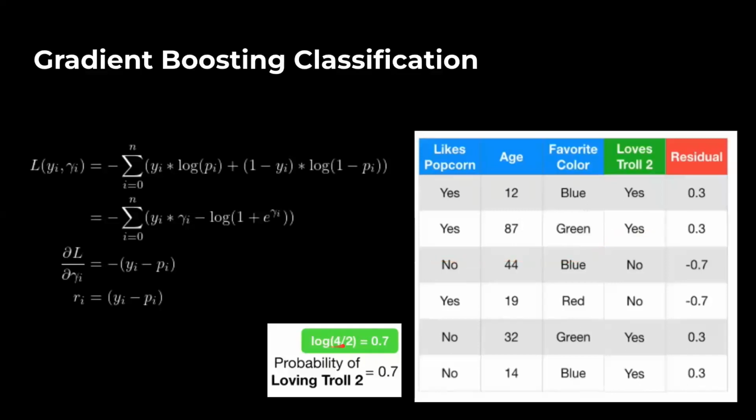So you can see here, I'm computing the log odds of this column. We have 4 yeses and 2 nos. So the log odds is log of 4 divided by 2, which is equal to 0.7, right? I was supposed to add a slide on how to actually compute this, but I'll show the actual formula for computing log odds from probability and vice versa when we get to the notebook section.